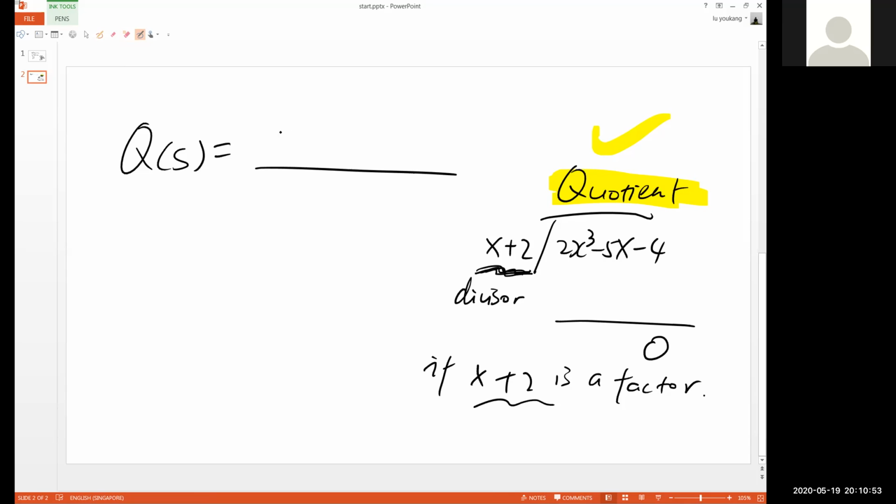What equation will your quotient be? It will be a quadratic equation that looks like this. Am I right? Yeah. So if you have a quadratic equation, so you can use this.